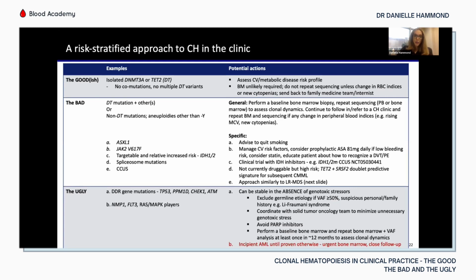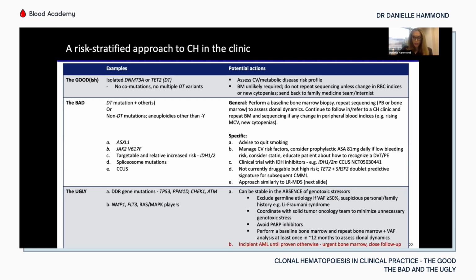And then IDH1 and 2 mutations should be highlighted for two reasons. One is that they do have a high relative risk of subsequent hematologic malignancy. But two is that they're targetable with FDA-approved therapies that have been approved at least for use in MDS with these underlying mutations. And so there's actually two clinical trials.